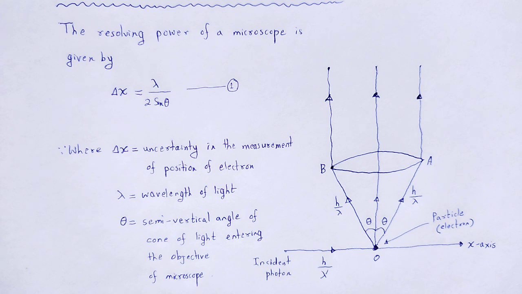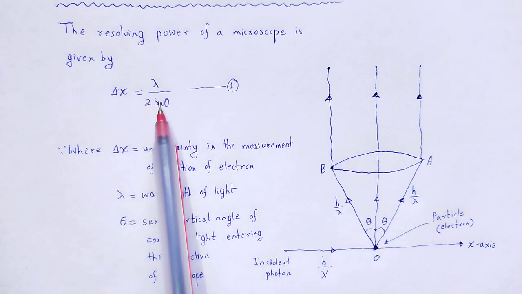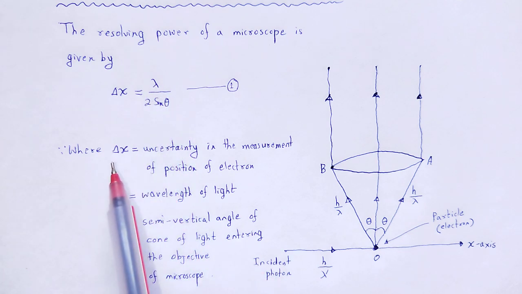Resolving power is the minimum distance between 2 points that can be resolved by that particular microscope. If we try to resolve the distinction between 2 points, that is the minimum distance. So, the resolving power of such a microscope is del x is equal to lambda divided by 2 sin theta.